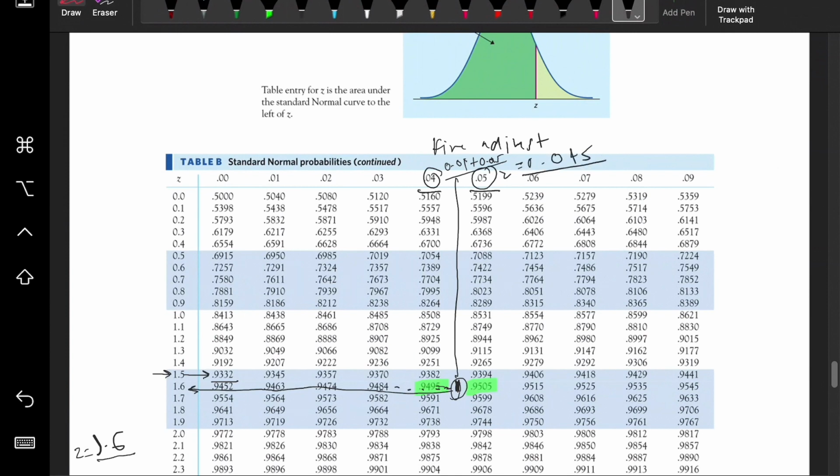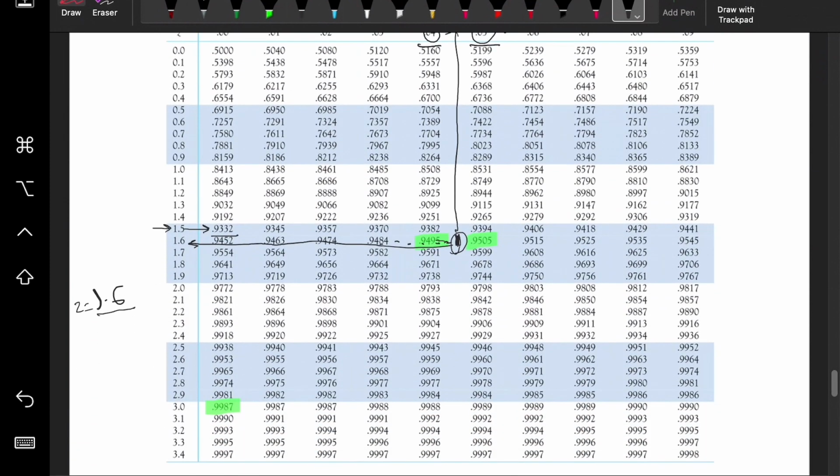So that's just a fine adjustment that you're going to add to this coarse value. So that's going to be 0.045. So now your z becomes 1.645. Okay, so that is the exact z value that locates the area of our interest.